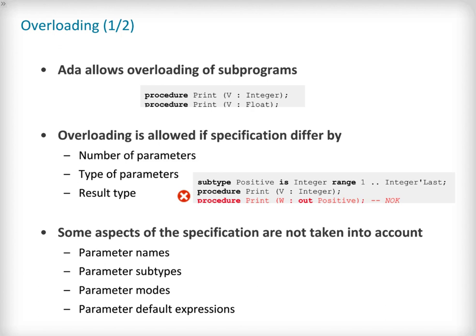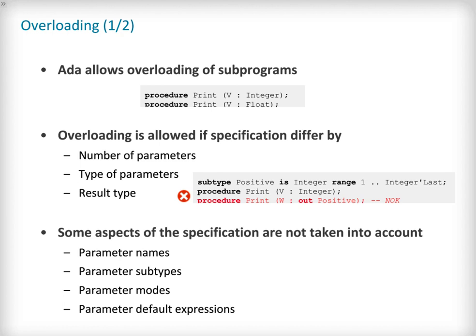So I am providing two versions of this print subprogram, one that takes integer and one that takes float. The compiler will automatically select the correct print method depending on the calling context.